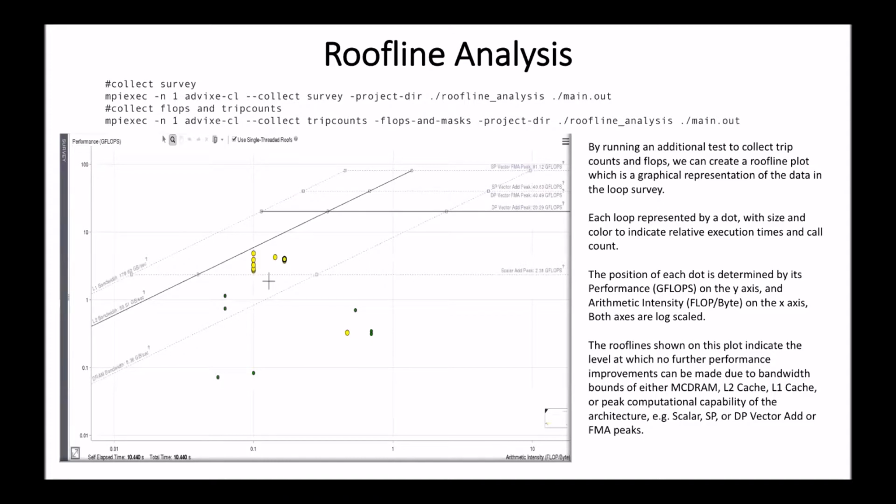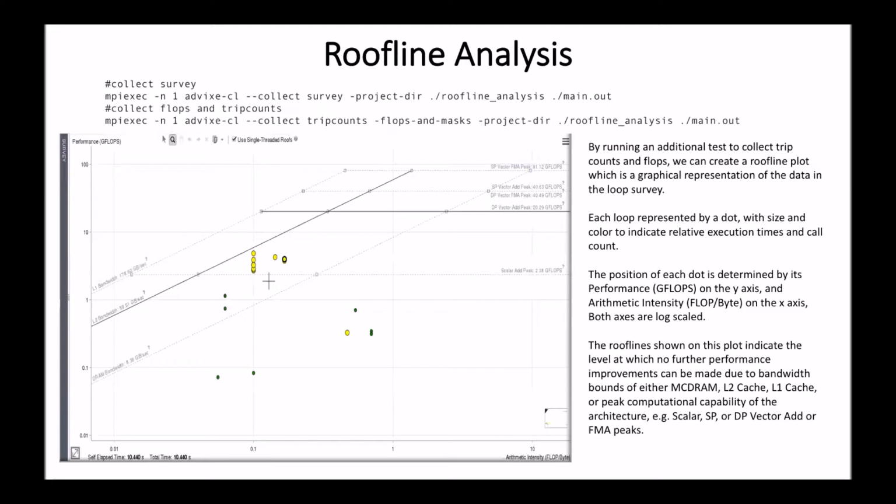So if we run an additional test to collect trip counts and flops, you can do this with the second line here: insert advixe-cl collect tripcounts. So with the combination of these two, the survey and the trip counts, we can create a roofline plot, which is a graphical representation of the data in the loop survey. So on this plot, each loop is represented by a dot with a size and color indicating the relative execution time and the call count.